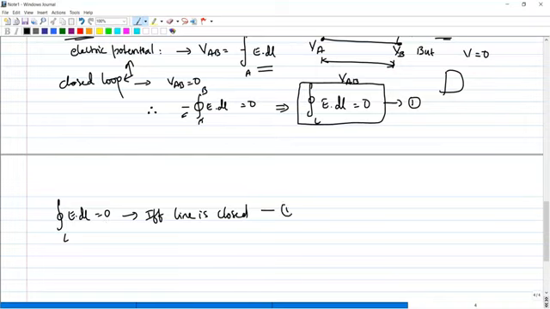So this is our first required equation in order to analyze the electric field intensity E. So to get the conditions for E, I will make use of this equation.